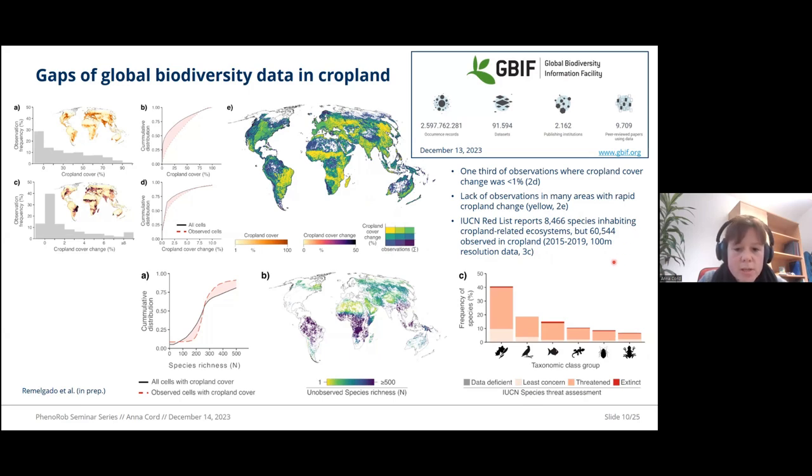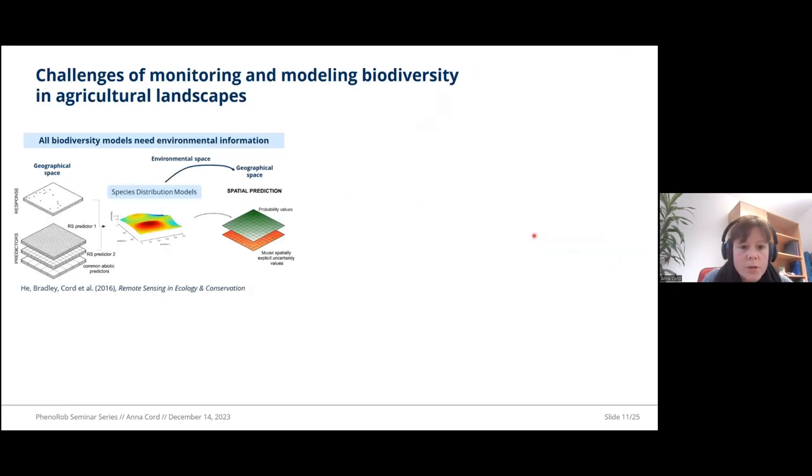So this is a huge data gap where, with our static knowledge of how species behave and what type of land cover they use, we are probably underestimating the value of croplands and how biodiversity is using or navigating it. So there are a lot of research gaps that need to be explored.